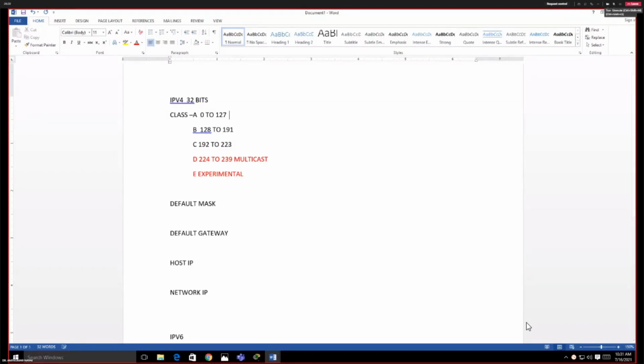For class A, we can represent the IP address by following the notation N dot H dot H dot H. Class B can be represented as network dot network dot host dot host, and class C as network dot network dot network dot host. Class D is reserved for multicast purposes, so the majority of the addresses in class D represent a group.